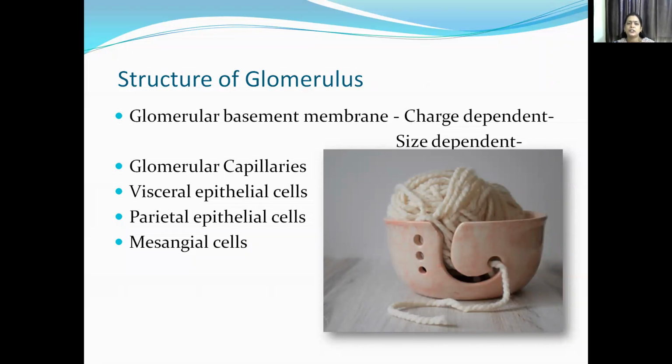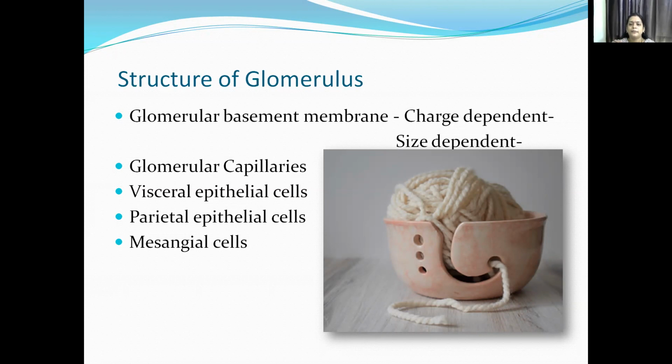The filtration efficiency of the glomerular basement membrane is dependent on two things, that is charge and size. The charge dependent filtration is because the glomerular basement membrane will not allow any anions to pass through it. Because of that, albumin, which is highly anionic, is not going to pass through the glomerular basement membrane normally unless there is an injury. Now, the second thing is the size dependent.